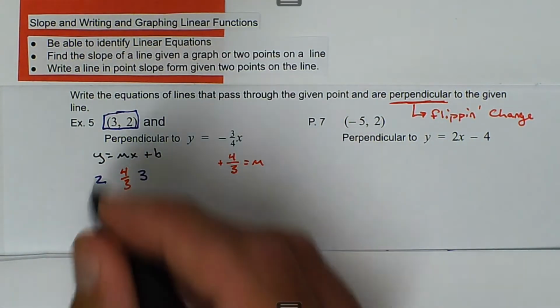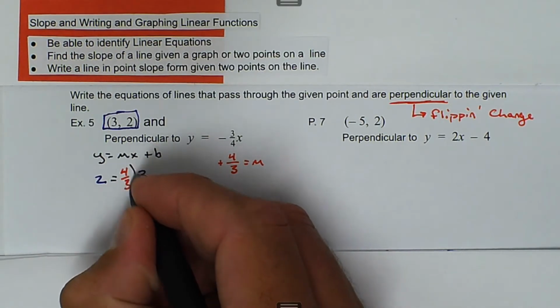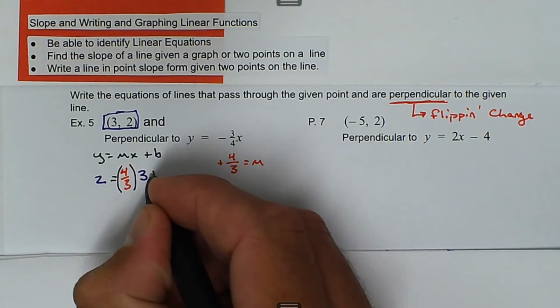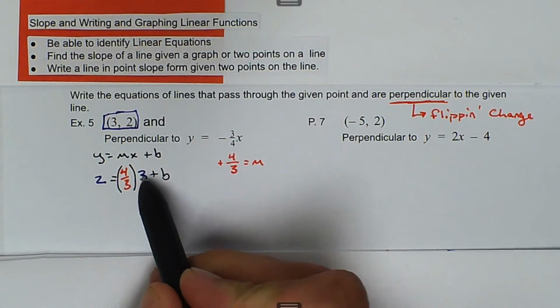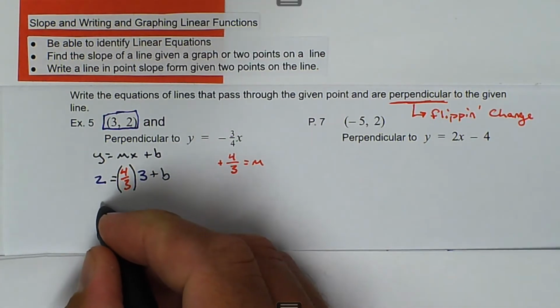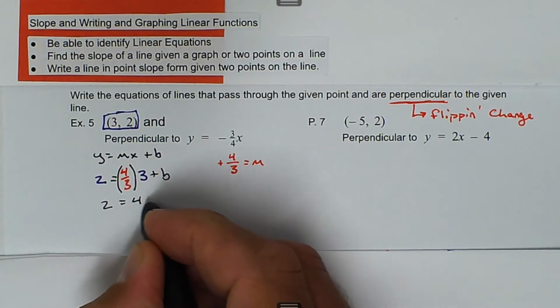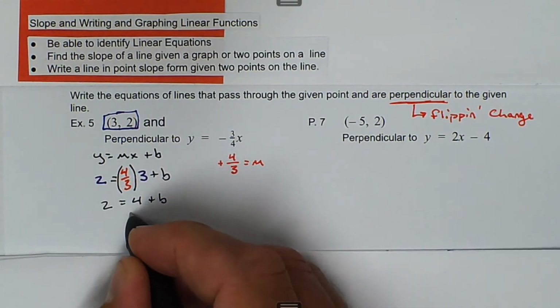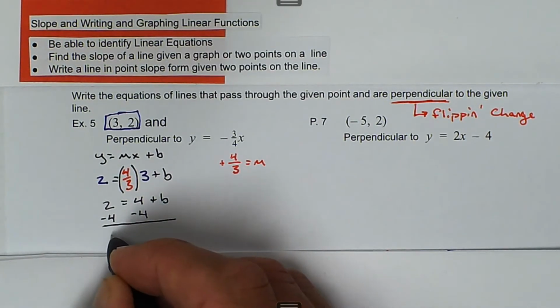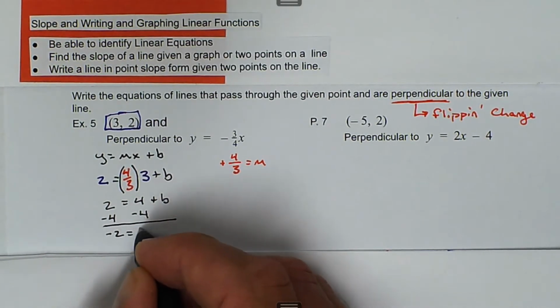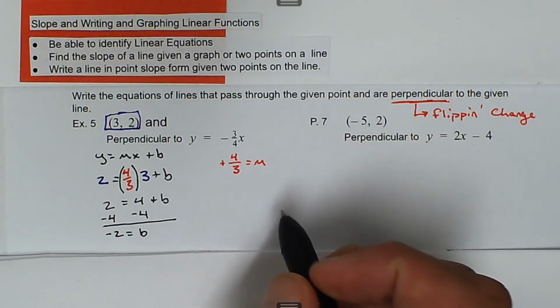So then we get to figure out what our b value is. So 4/3 times 3, the 3's cancel, and we're left with 2 equals 4 plus b. Subtract 4 from both sides, and we get negative 2 is equal to b.